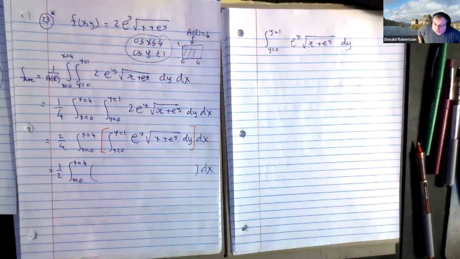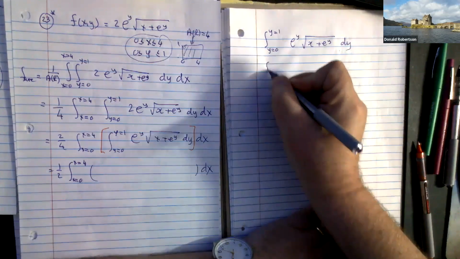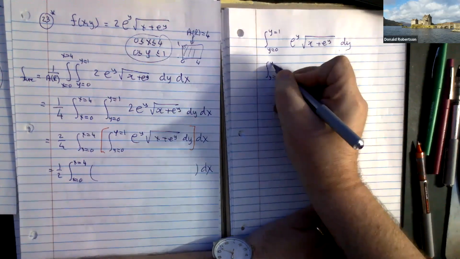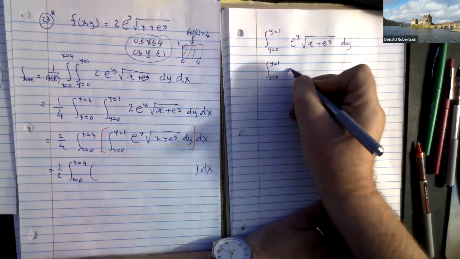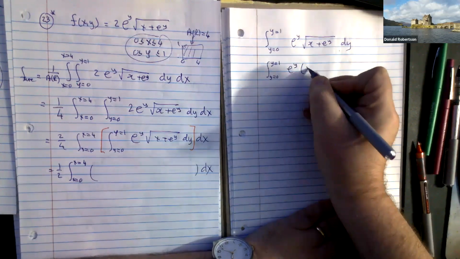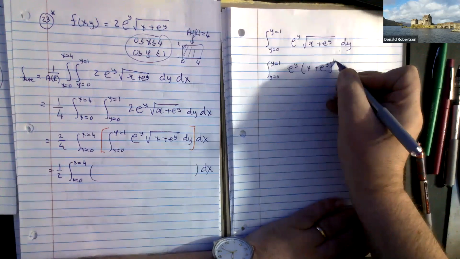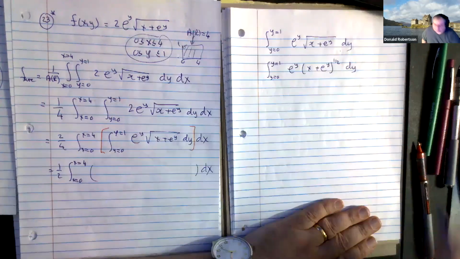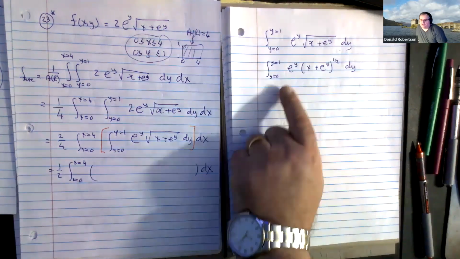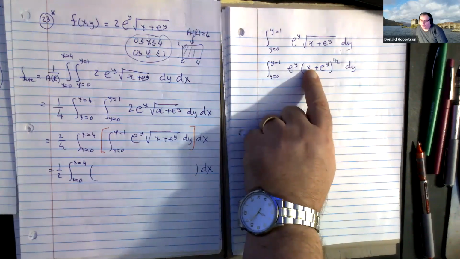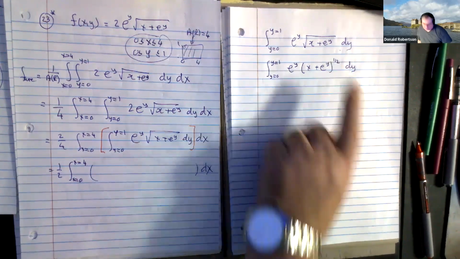Now, superficially, I don't want to integrate this with respect to y either, right? It looks really horrible, but it's actually not as bad as it seems. Just a little cosmetic. This is like e to the y, 4 plus e to the y to the power a half.